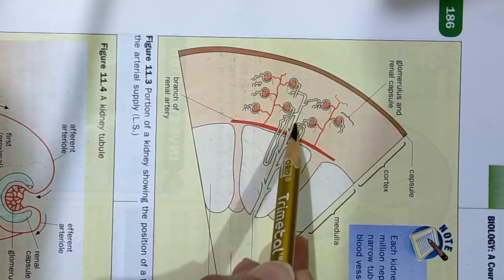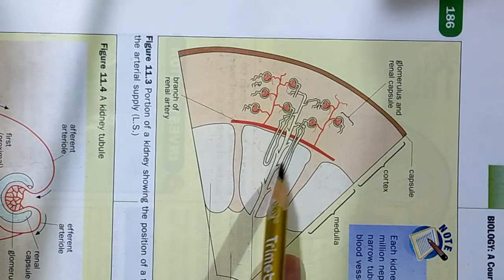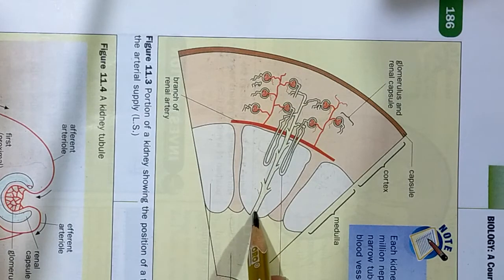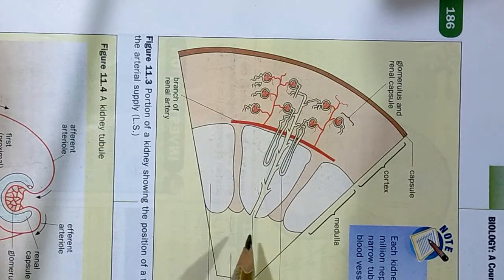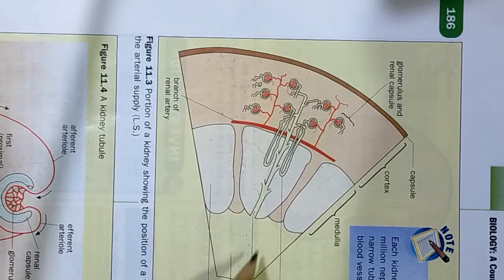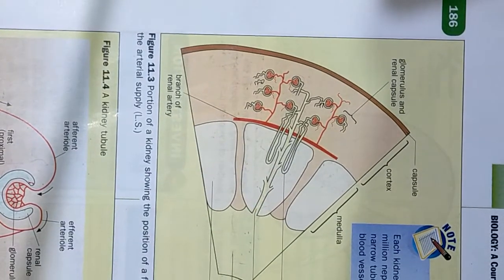Ultimately it opens into a collecting duct where many nephrons end, and this collecting duct ends into the pelvis region. From here the urine will collect into the ureter, and ultimately it will go into the bladder.